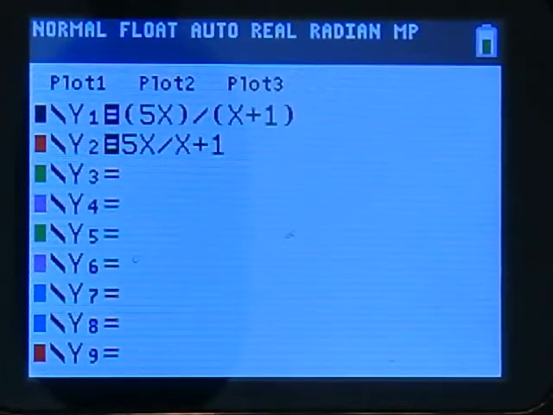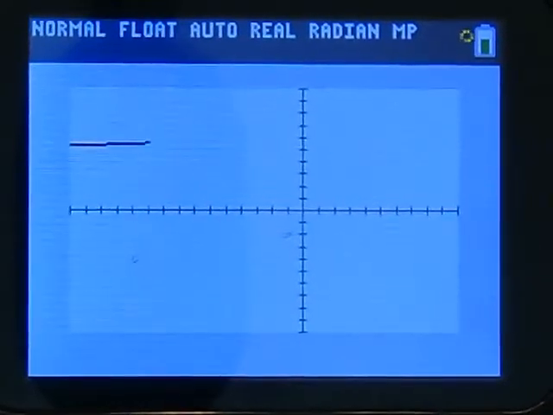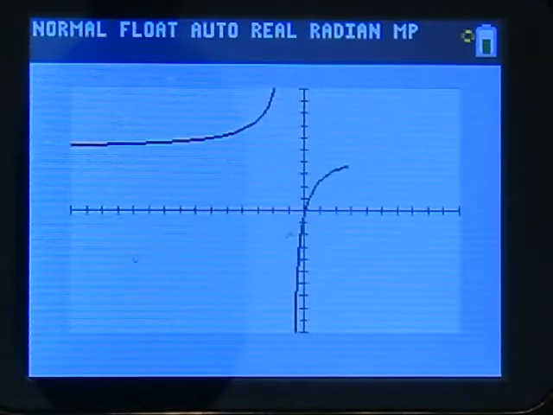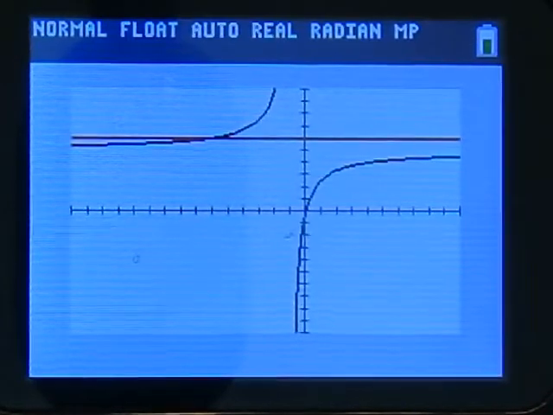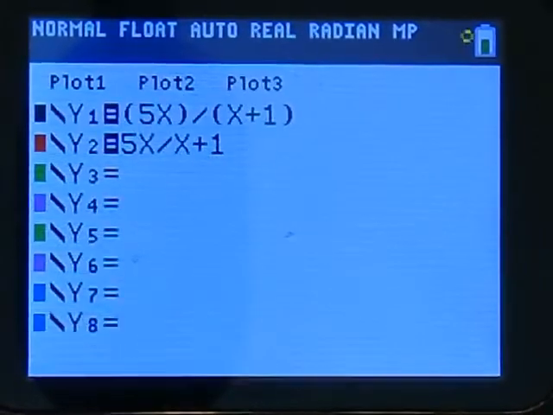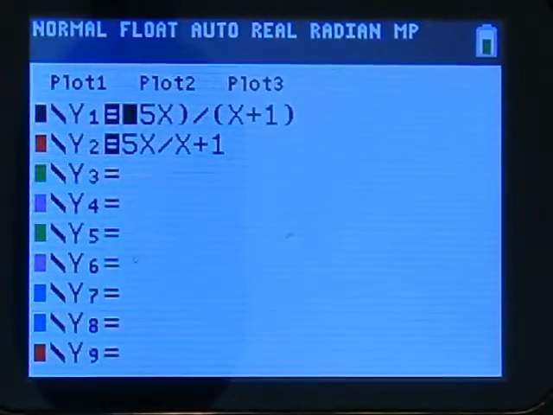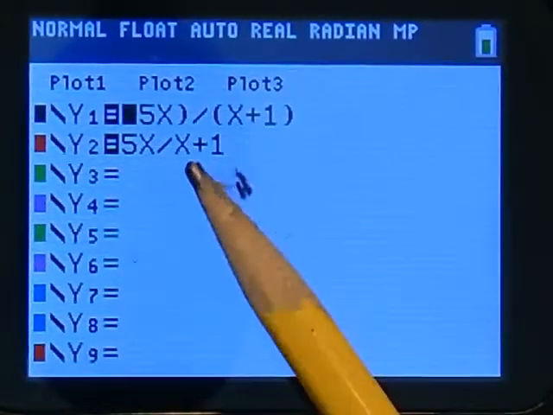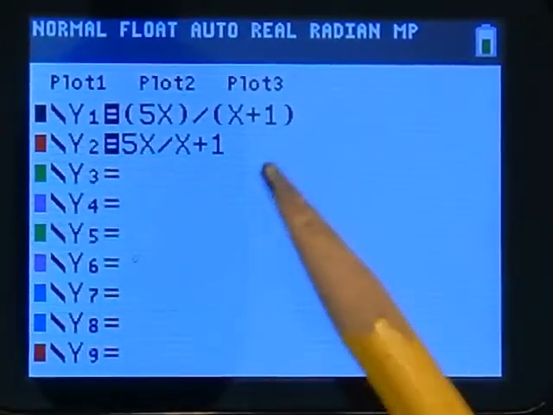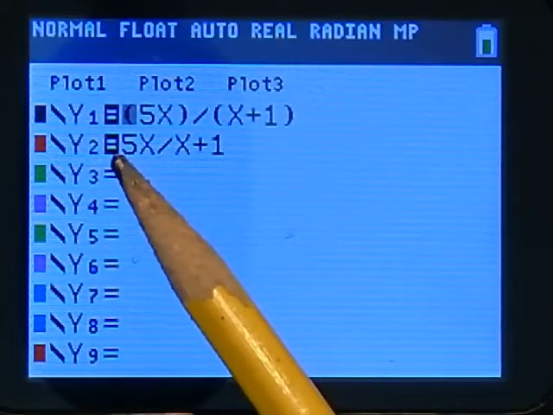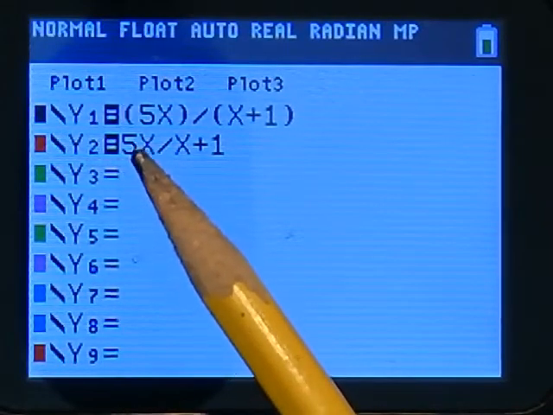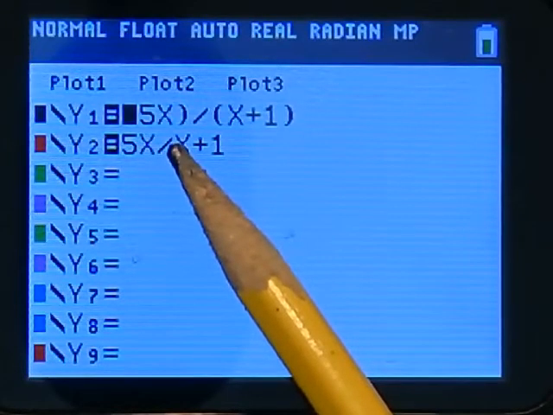All right, the first one that's going to be graphed is in black, and it's correct. The second one in red is wrong. Here we go. Correct. And that is wrong. The red one is wrong. Let's go back and take a look at why that's so. Well, the graphing calculator understands the order of operations. And when it saw this problem, the way it's written, order of operations says multiply 5 times x, then divide that by x.